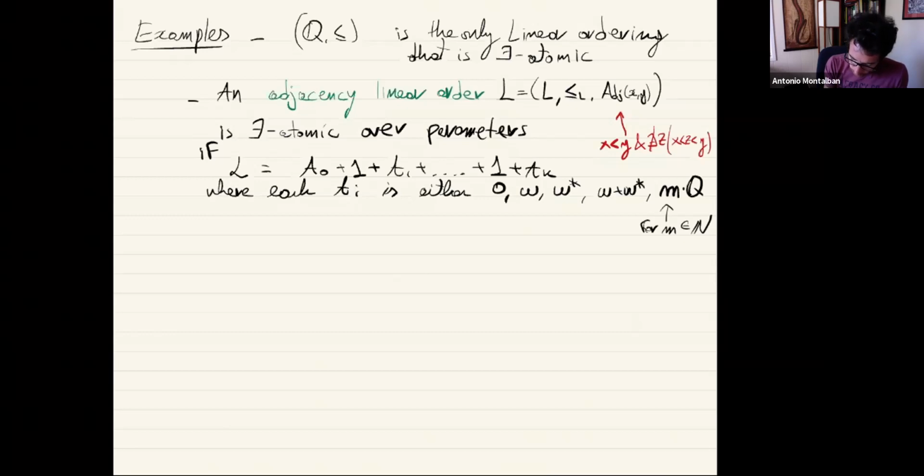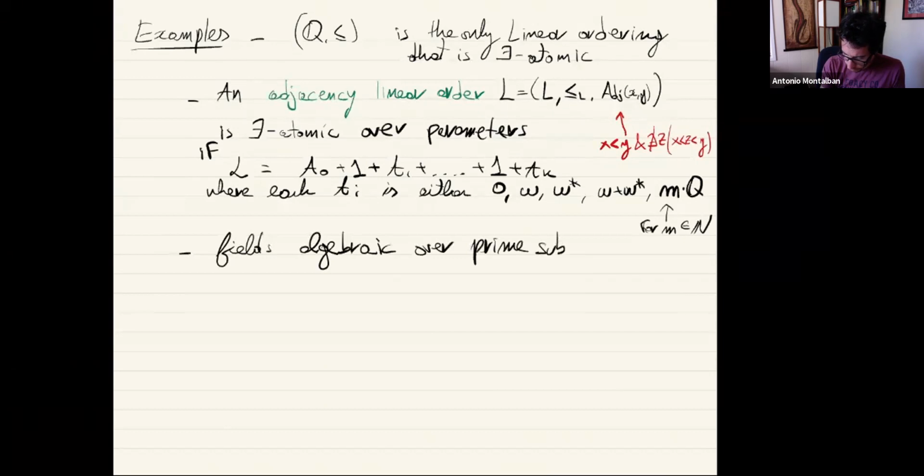Okay, some more examples. Fields that are algebraic over the prime subfield are existentially atomic.